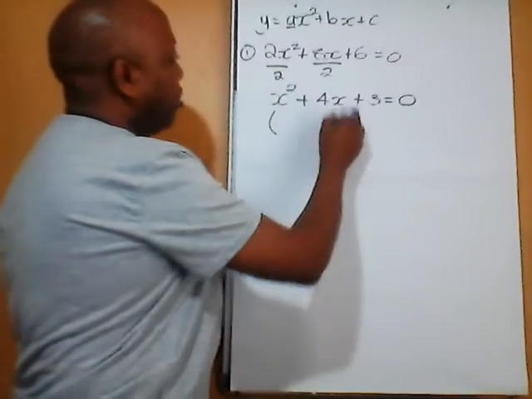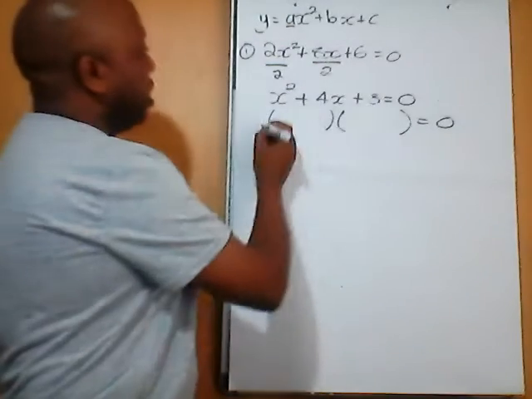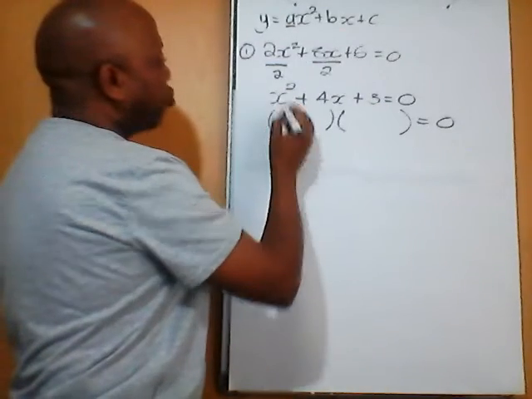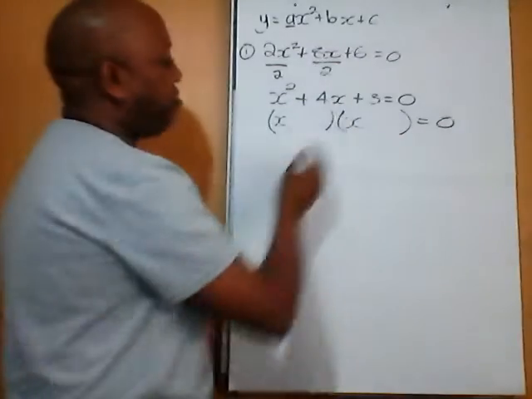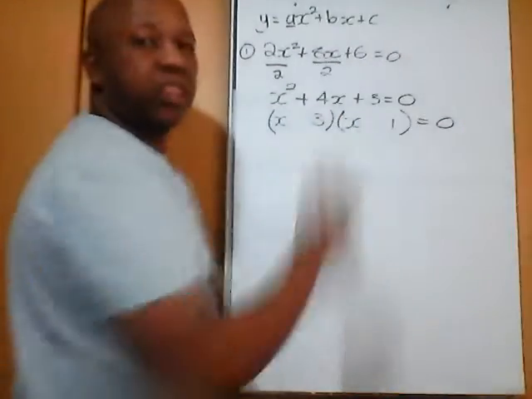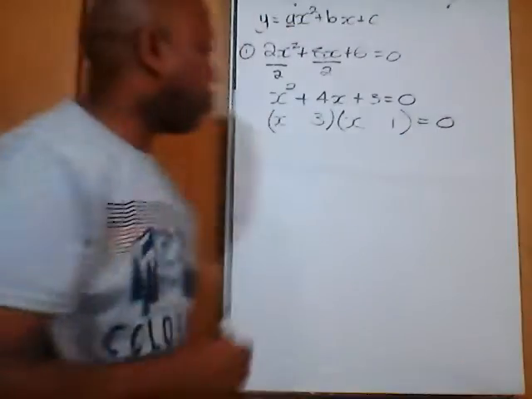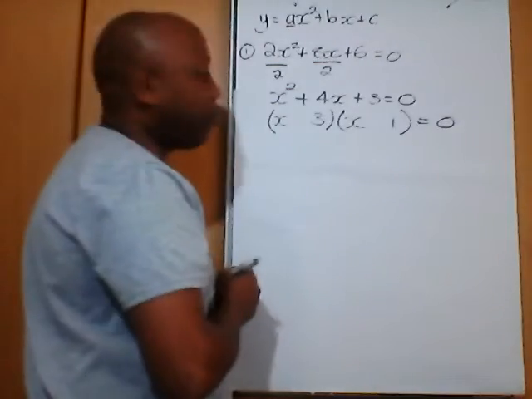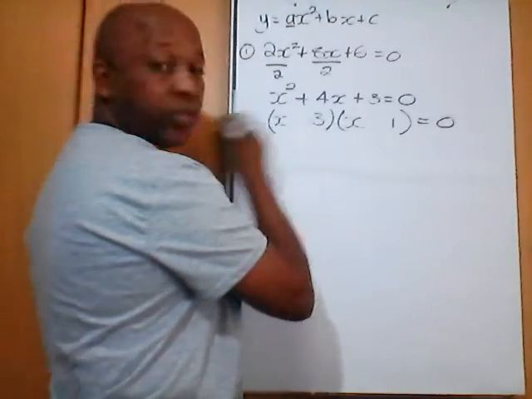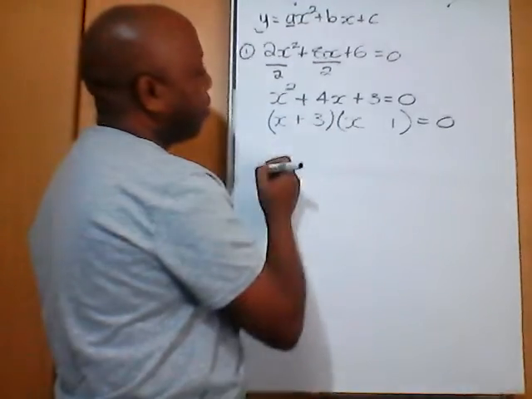So here we go. Put 2 brackets, equals 0. Factors of x squared are x and x. Factors of 3 that will give you a 4 are 3 and 1. 3 times 1 is 3, and 3 plus 1 is 4. The bigger number must take the sign of the middle term, which is a plus.